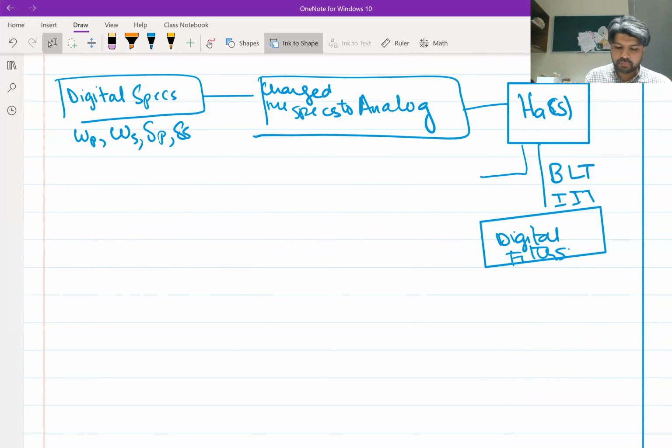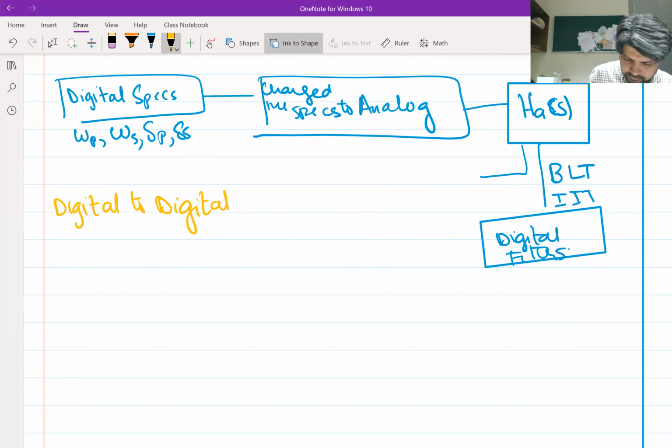That means we would be given digital specs, we would have a digital transfer function, and we would study a digital transformation so that we have another kind of filter. So what we are going to study is digital to digital transformation.